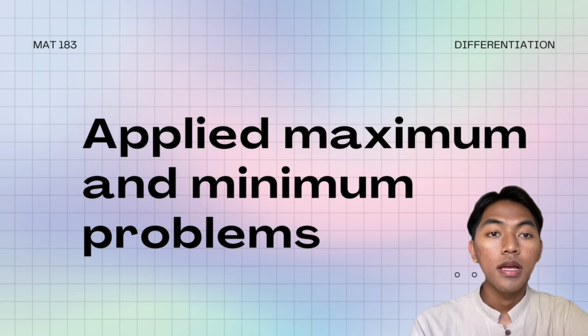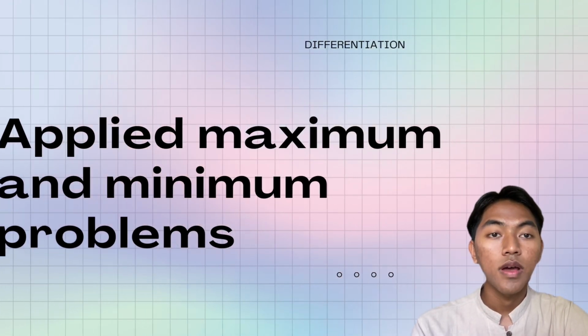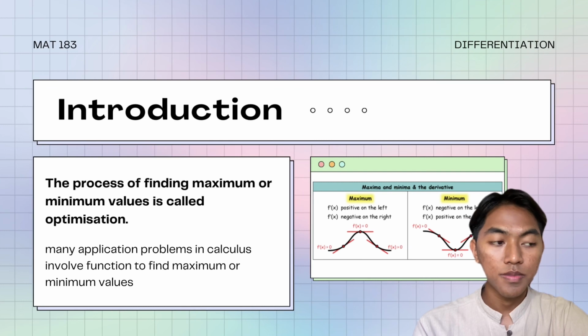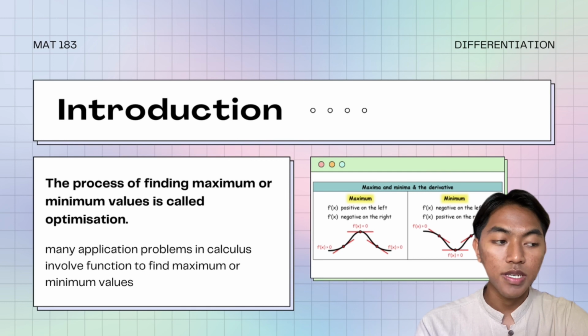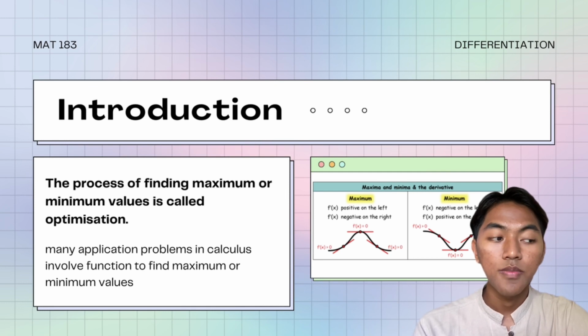Next, for topic 2, we have applied maximum and minimum problems. The process of finding maximum or minimum values is called optimization. Many application problems in calculus involve functions to find maximum or minimum values.